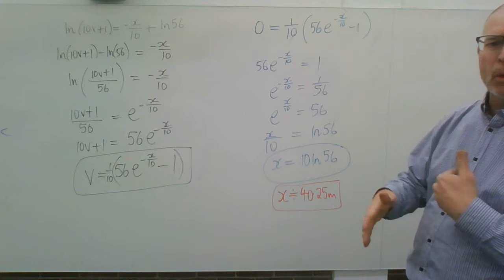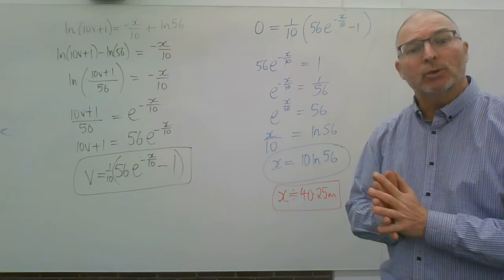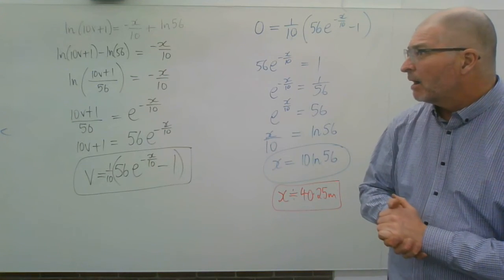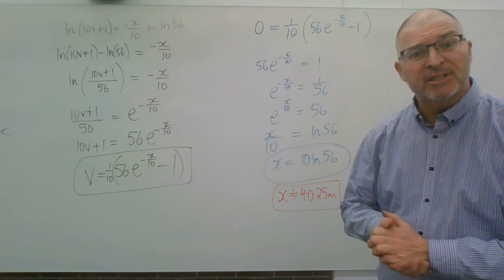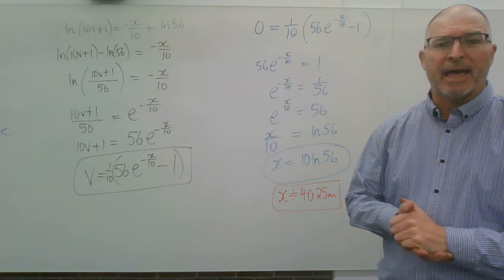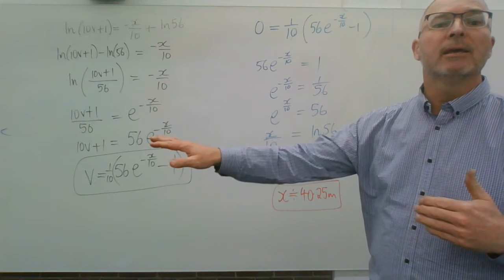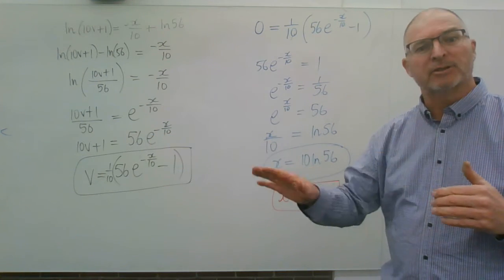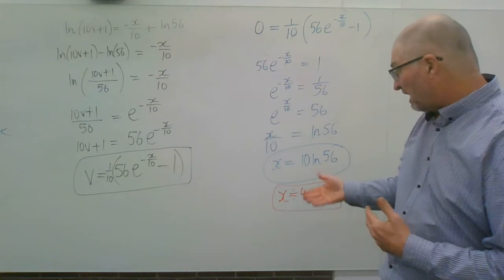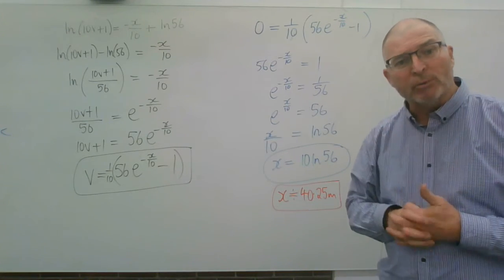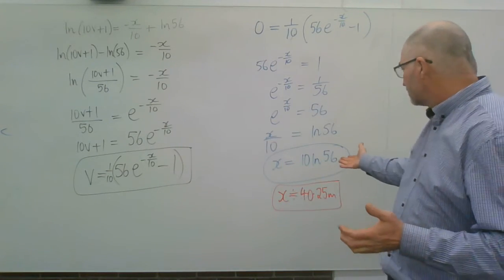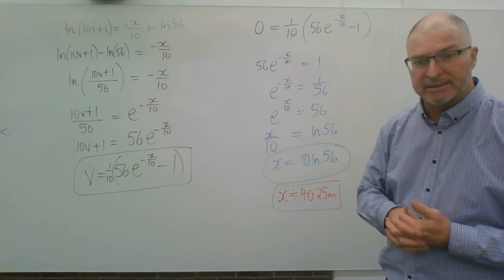But I want to show, maybe by deriving x as a function of t, how if we make t go to infinity, like we look at the limit as t approaches infinity, maybe we can see that x approaches 40.25, or 10 times the natural log of 56.